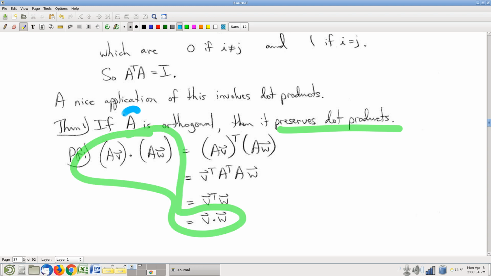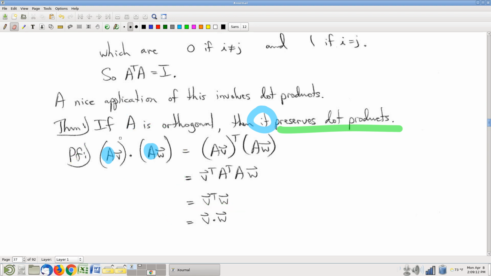This matrix A preserves dot products in the sense that if you take a couple of vectors v and w, if you look at their dot product, and then if you subsequently say, okay, yeah, but let me multiply both v and w by A first, and then compute the dot product, you get the same value. So the action of multiplication by A does not affect the dot product. The dot product before, the dot product after, same thing. So that's what we mean by preserving dot products.